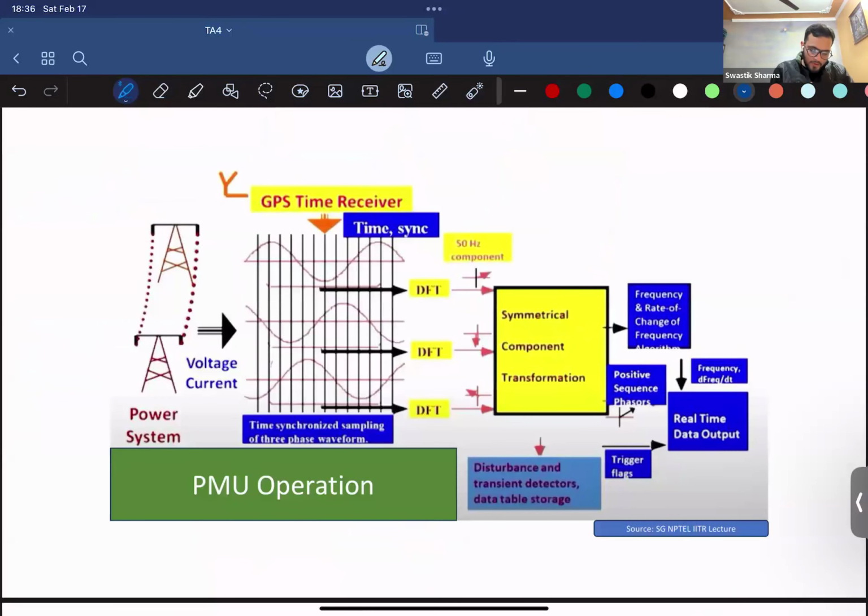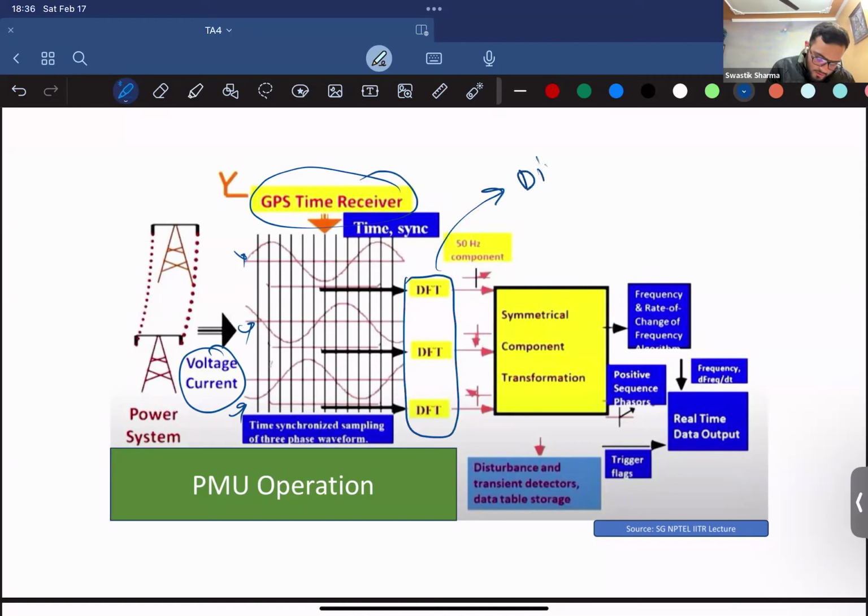So what do you do? You get the voltage signals, these are in red, and the current. Sorry, the real time signals are denoted. Then you sync it with the GPS time using the sampling theorem, after which you pass it through a DFT, discrete Fourier transform analysis. We'll discuss it as well.